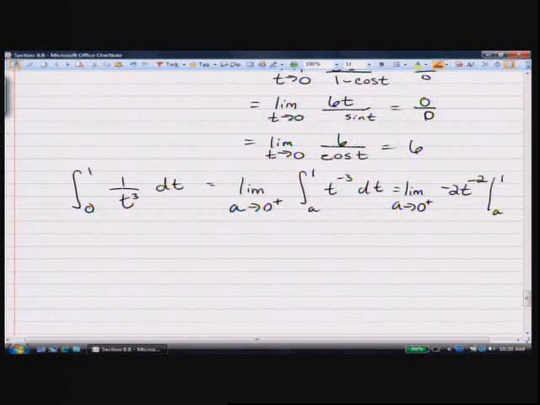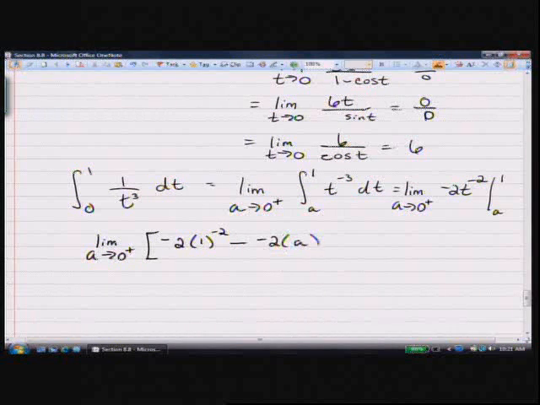All right, so this will be the limit as a approaches 0 from the right of, now when I plug 1 in, it's going to be negative 2 times 1 to the negative 2 minus negative 2 times a to the negative 2. Well, yeah. Sorry, maybe I'm screwing up.